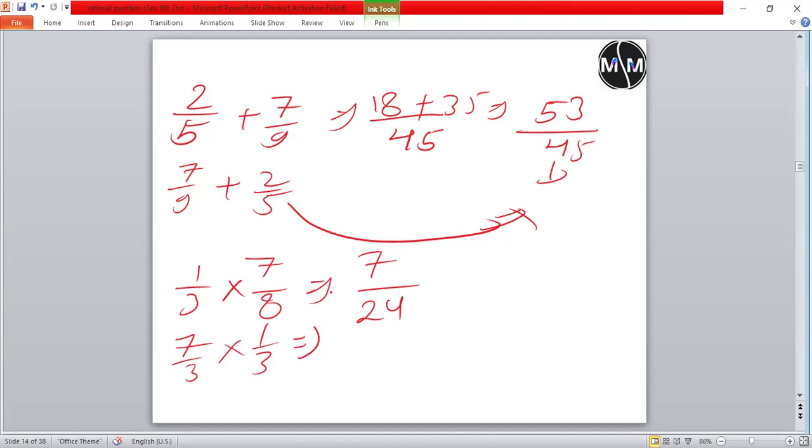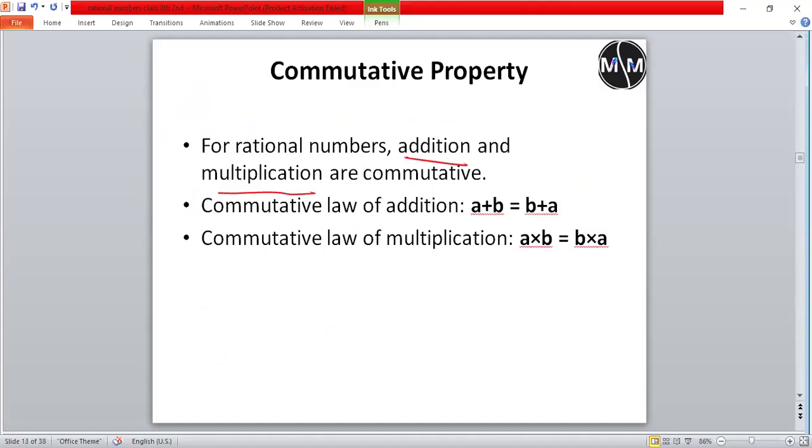No, the answer will remain the same, 7 by 24. So the commutative law of addition is A plus B equals B plus A, and the commutative law of multiplication is A multiplied by B equals B multiplied by A. In this property, there is not a single change in the answers if you change their positions.